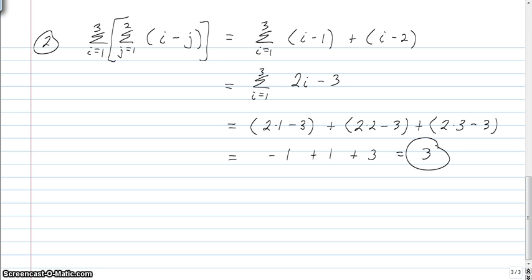Okay, so one place this might be useful is if you were wanting to analyze some kind of loop structure in some program or algorithm that you had.